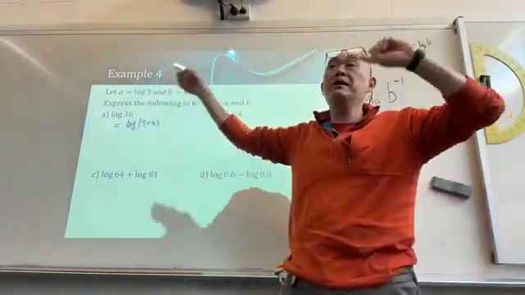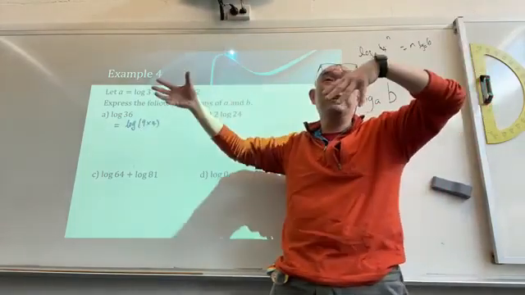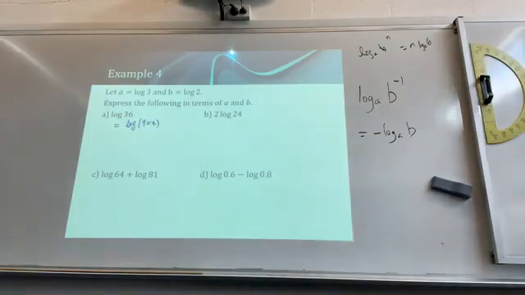Yes, 6 squared is 2 times 3 as well, but then you have to work it out twice. Whereas this one, 9 times 4, 9 is 3 squared, 4 is 2 squared. So therefore, that is log 3 squared plus log 2 squared. And it's 2 log 3 plus 2 log 2, which means 2a plus 2b.